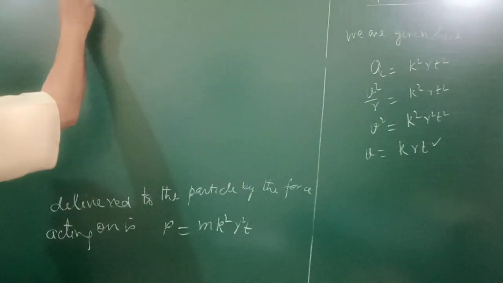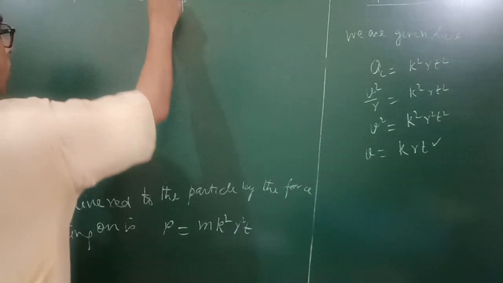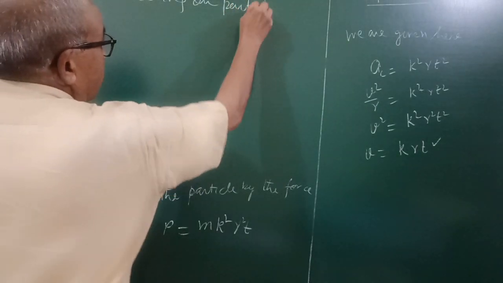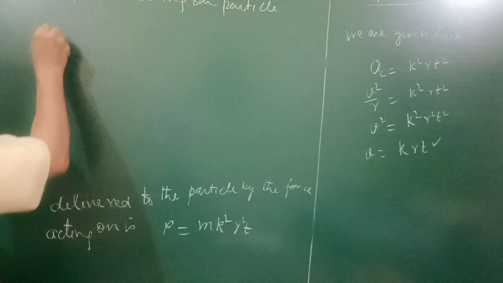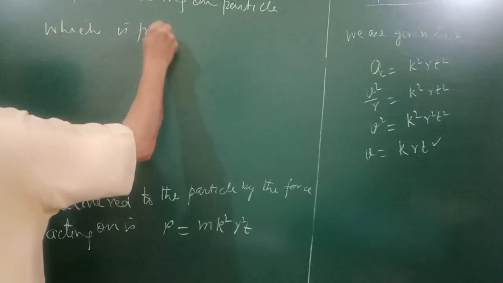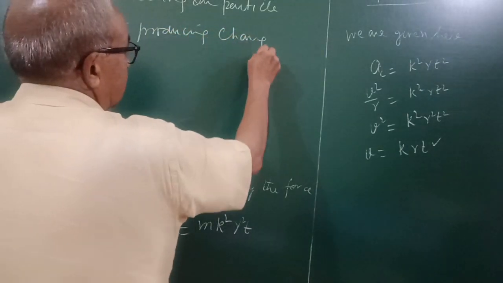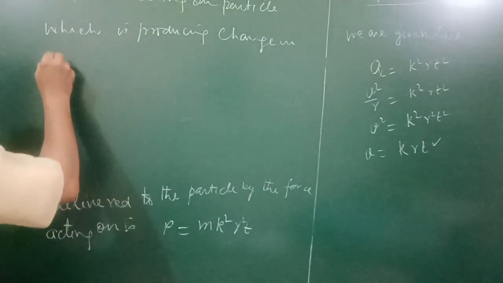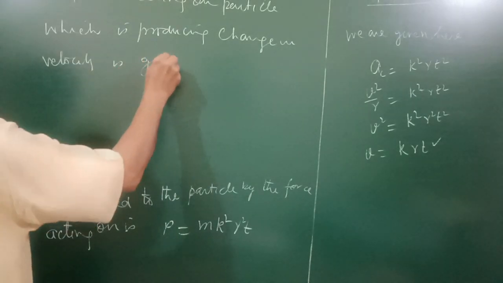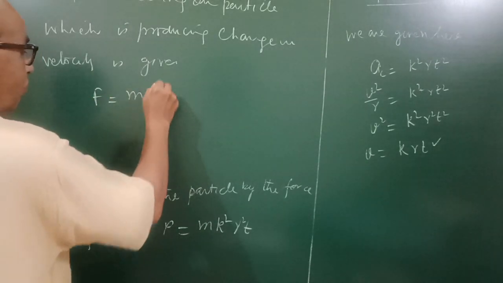The force acting on the particle, which is producing the change in velocity, is given by F equal to m dv over dt.